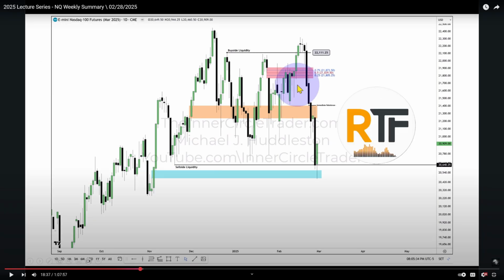Okay, so another key takeaway here. ICT is showing you how to identify fair value gaps that are more significant. I'm sure it can get more complex, but I think as a general rule and for simplicity, PD arrays within time distortion are less significant. You want to pay more attention to the PD arrays when price was more fluid and not in a holding pattern.